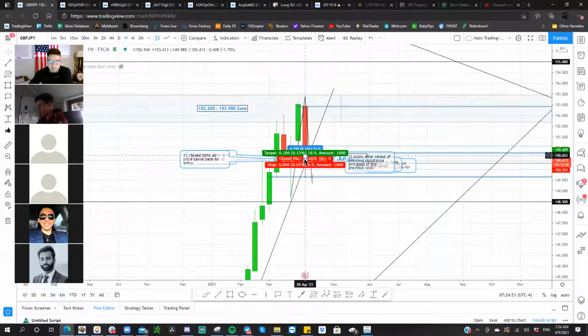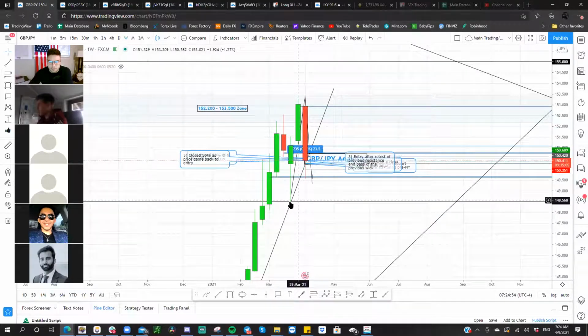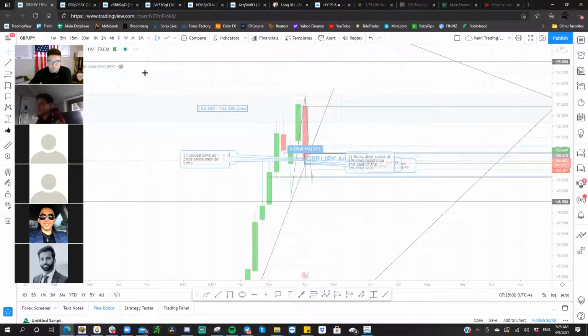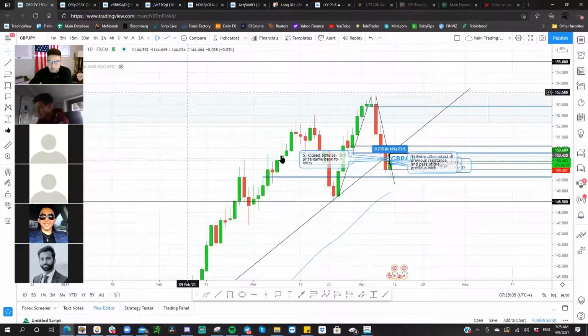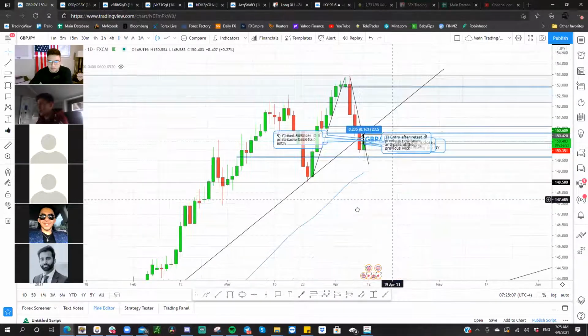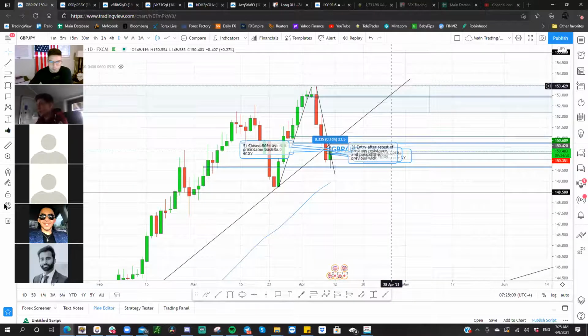So are we going to get a deeper correction to retest this wick on GJ? Very well could happen. This is a very strong weekly candle. But as I was pointing out last night during the Asian breakdown, it's this level right over here.